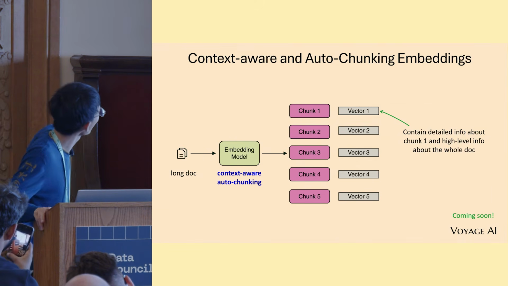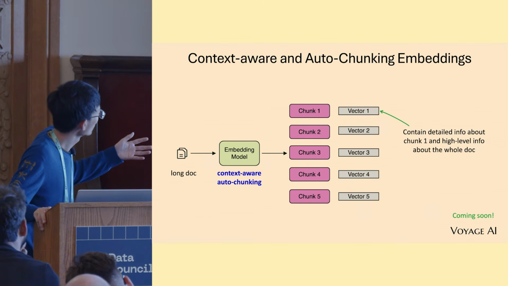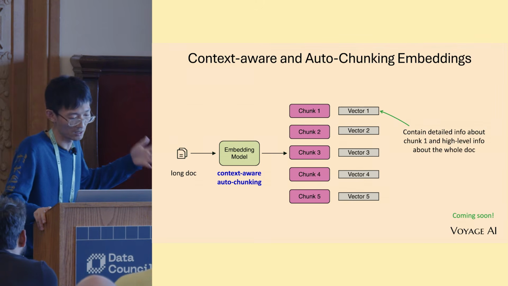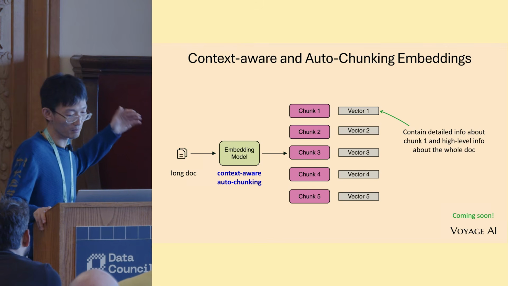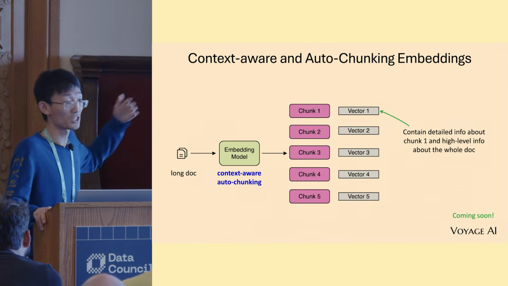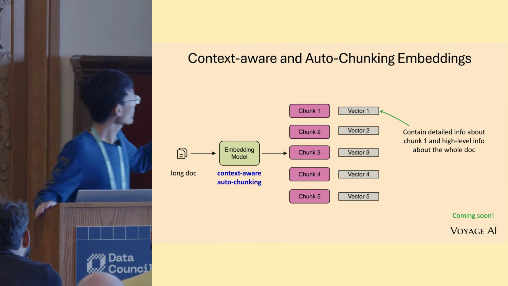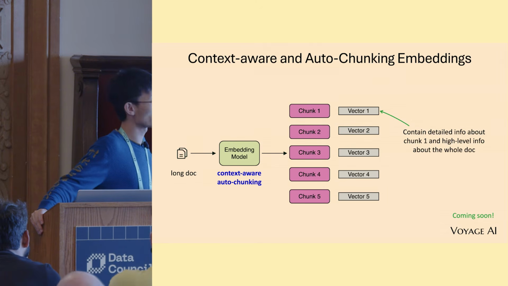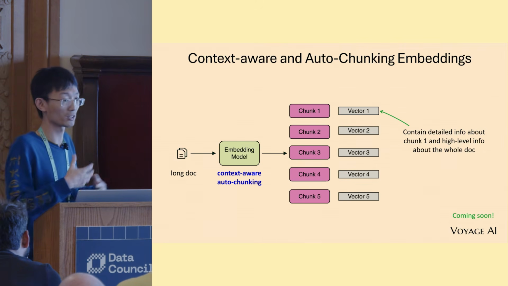So the new interface is that you just send the embedding model a long document. It will do some automatic chunking, or maybe you can instruct it on how you want to do the chunking. It will chunk the data and return one vector for each chunk. Nothing special yet, but what's special is that the vector not only captures the information in the corresponding chunk, but also global information about other chunks.